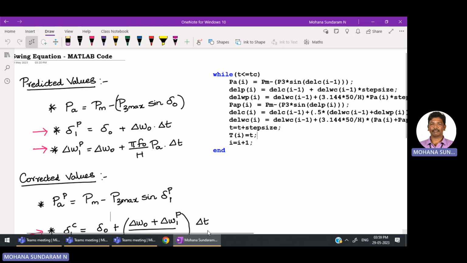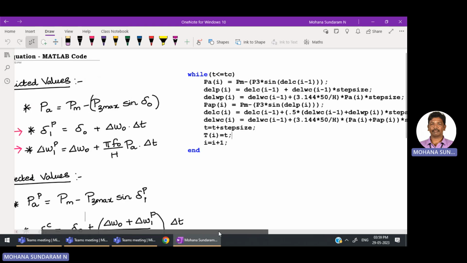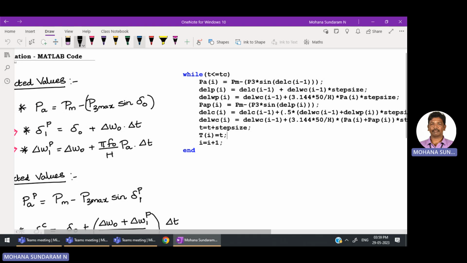So look at this on the left hand side. The first one is the predicted value. PA equal to PM minus P3 max into sine delta. This one is written here. See, this is PA equal to PM minus P3 into sine delta. So here I have given the name as del C of I minus 1.